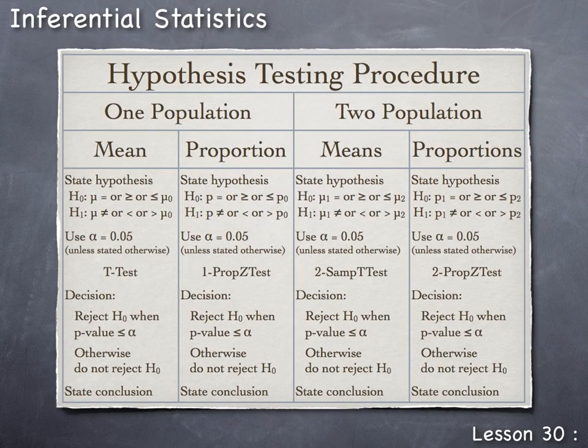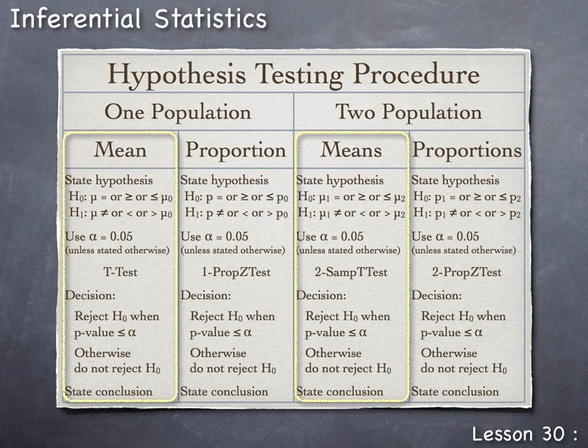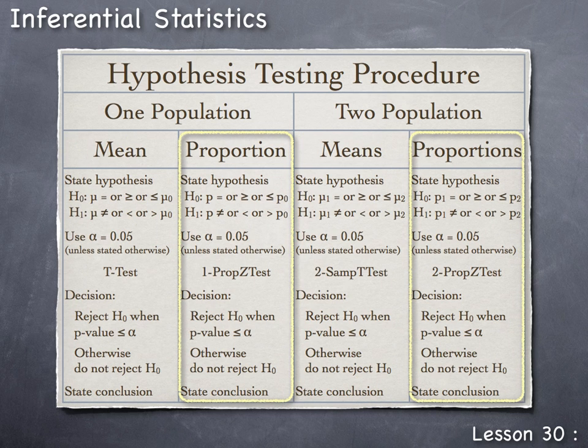In upcoming lessons, we'll also be learning how to conduct 4 different types of hypothesis test procedures, 2 of which involve the population mean mu, which is an average based off of measurement data, and 2 involve tests involving proportions, or p, which are percentages based off of count data.